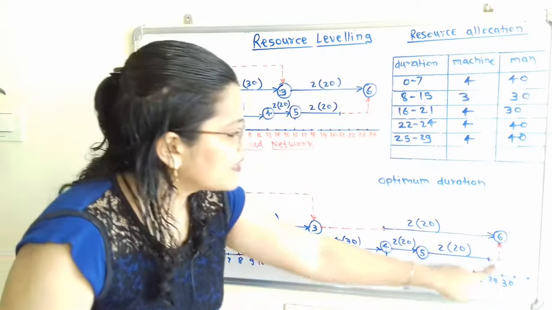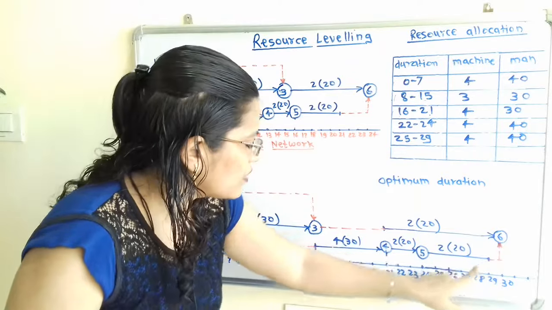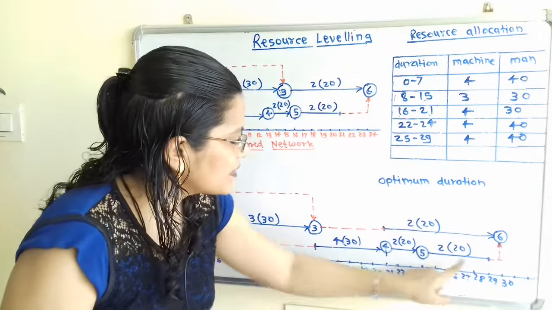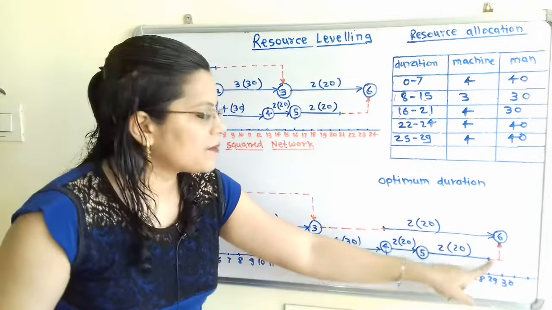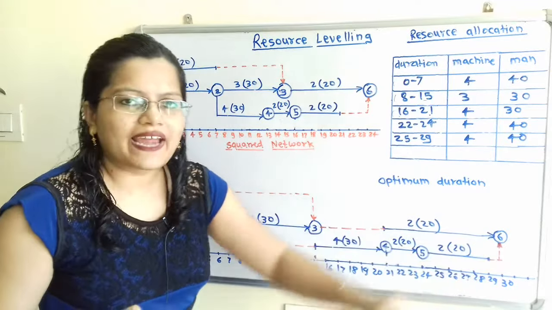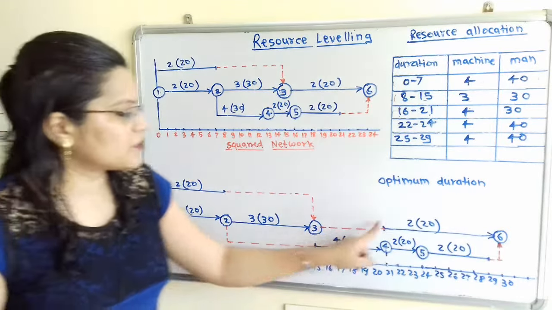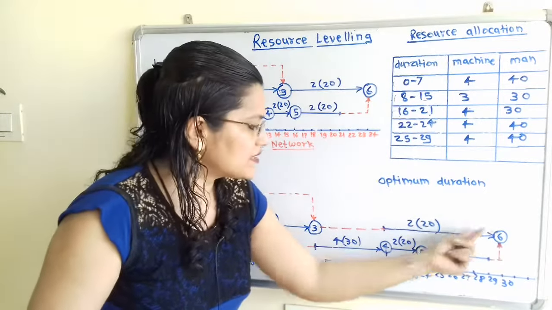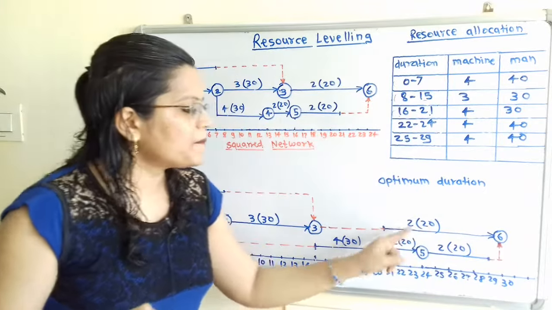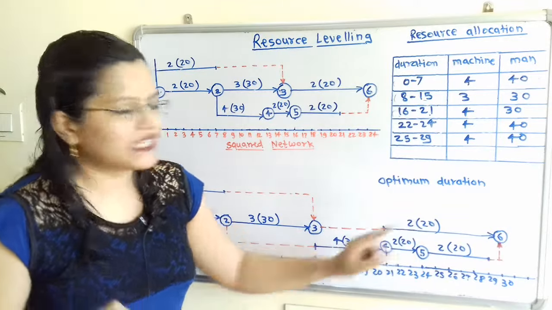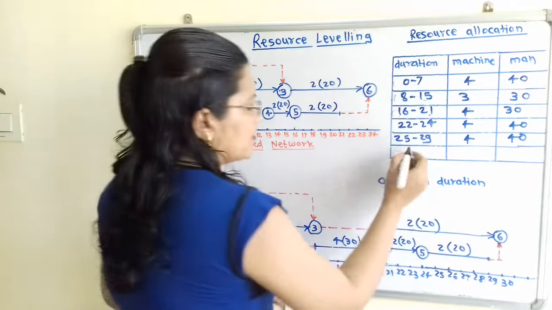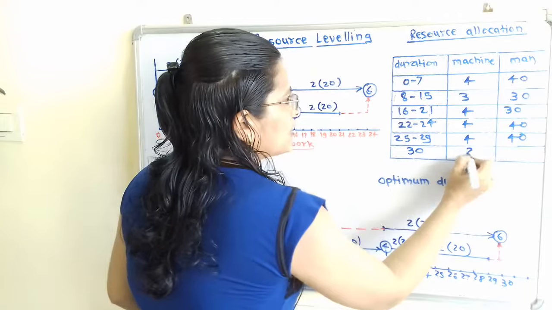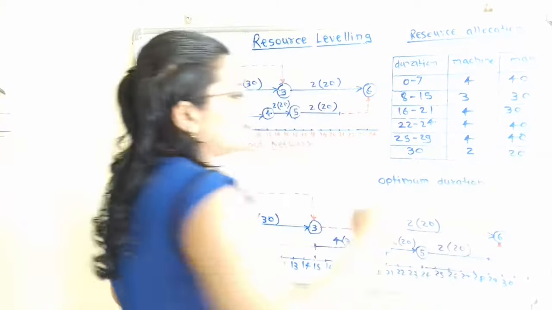And then at the day 30, if we observe this, at the day 29, this 5 to 6 process is completed. So only one activity is there, that is activity 3 to 6, and that requires the 2 machines and 20 men. So on the day 30, only 2 machines and 20 men are engaged.